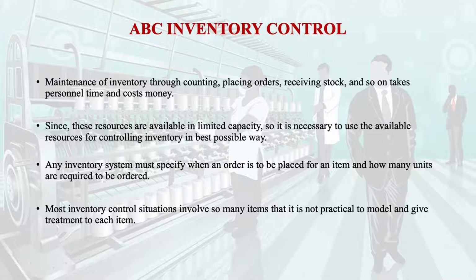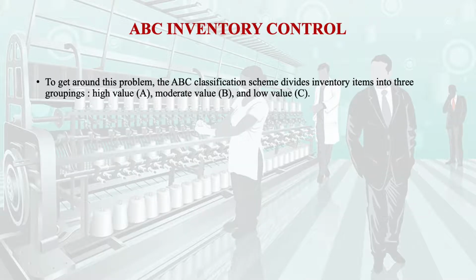Most inventory control situations involve so many items that it is not practical to model and give treatment to each item. To get around this problem, the ABC classification scheme divides inventory into three groups.